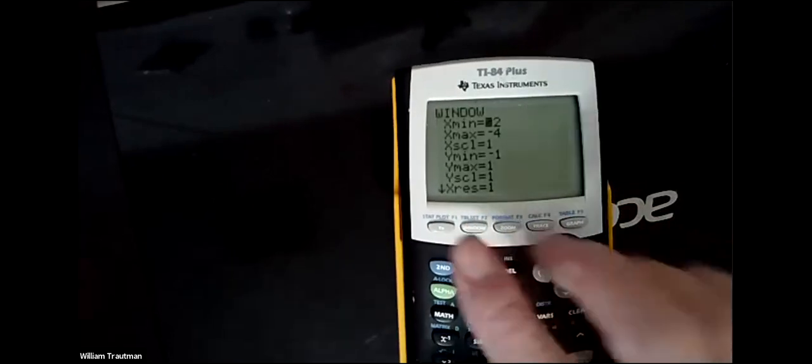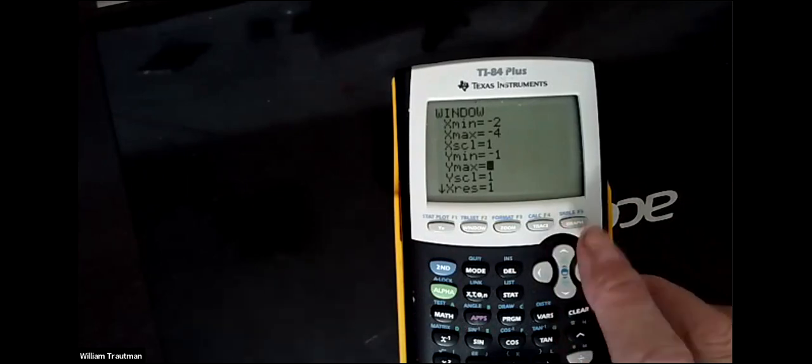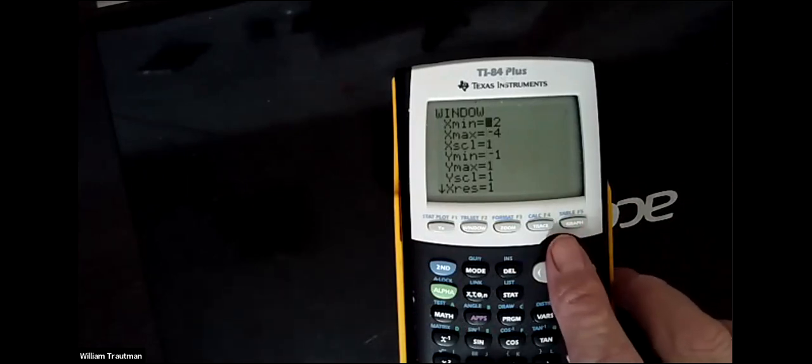Oh, wait, I did something wrong. Let's see what I did wrong. Window, minimum, maximum. The minimum is -4, which is smaller than -2. There we go.